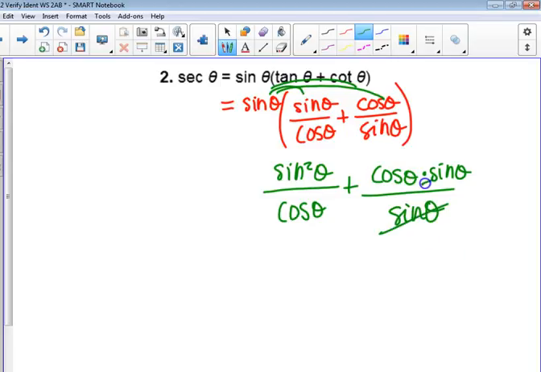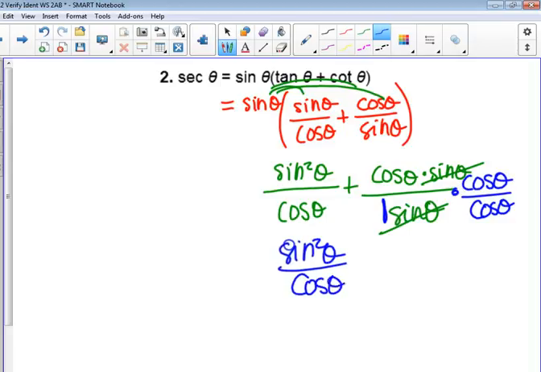Can I just cancel that? But what do I still need to be able to add them together? A common denominator. So this is now just over a 1. What do I need to multiply it by? Cosine over cosine. So this one is sine squared over cosine still.